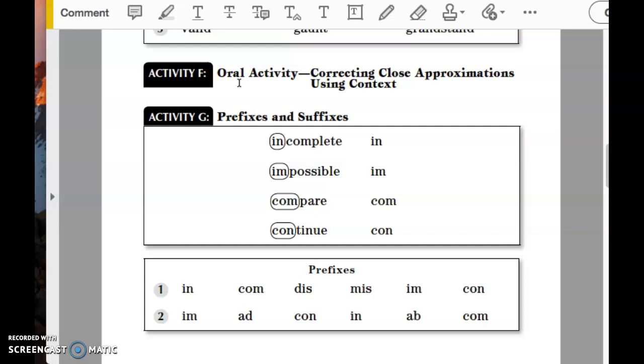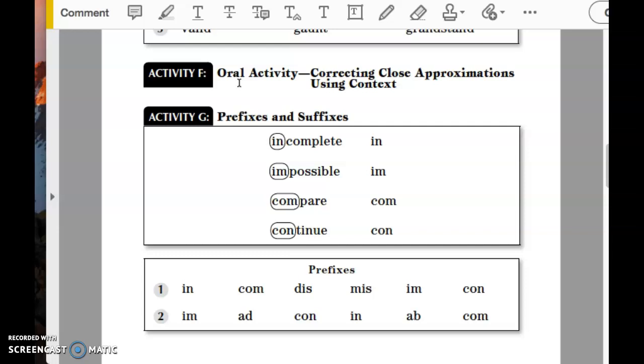I will read the word. Holiday. Change the word to make sense in the sentence. In some countries, New Year's Day is a special holiday. What word? Holiday. Next one. Curtain.